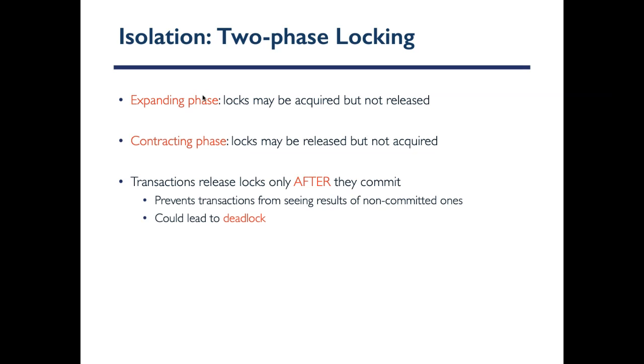And once the commit is written, your transaction could release all the locks. In such a system, you can definitely see that it prevents any other transaction from seeing the results of one transaction before it commits, because in order to see the result, they have to acquire the locks that transaction has, and they cannot acquire the locks until the transaction releases those locks.